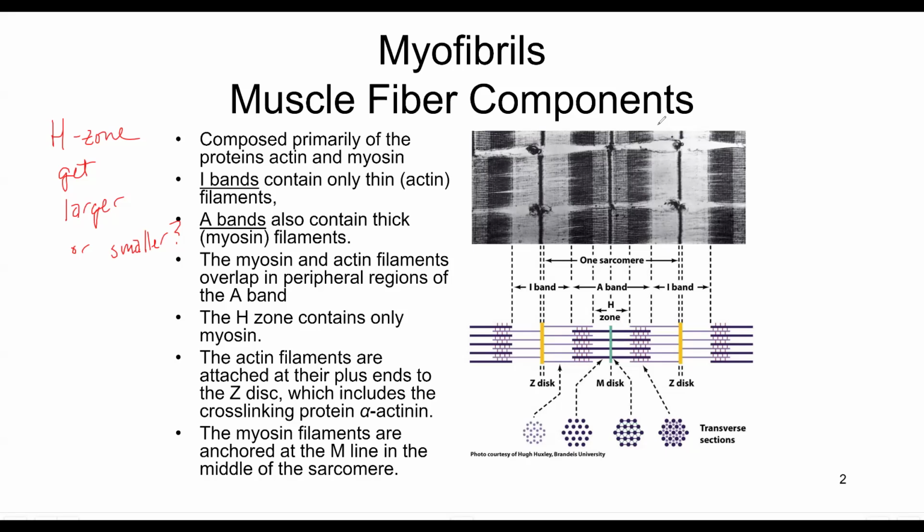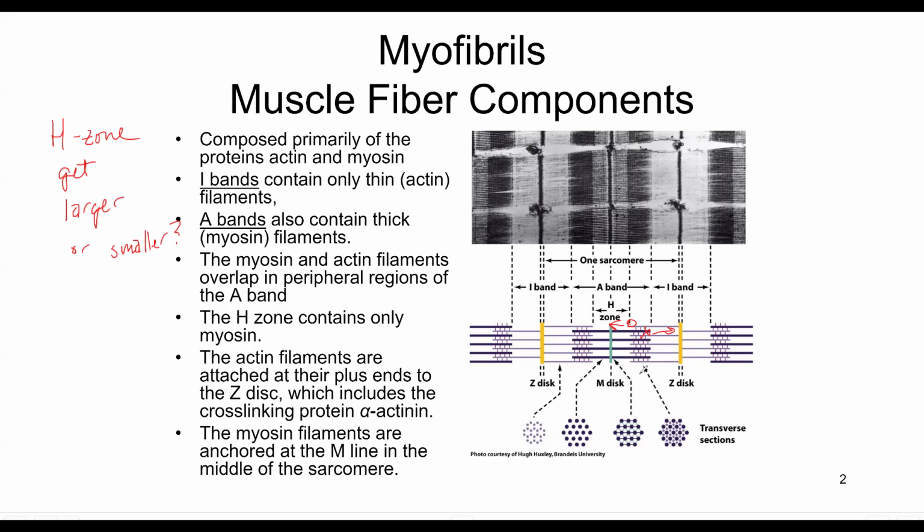Okay. Now, what do you think this means for the I bands? Are they going to get larger or smaller when muscles contract? Keep in mind that actin and myosin are still going in opposite directions of one another. So this guy right here is going this way, and this right here is going this way. So the H zone's getting smaller. So too is the I band.